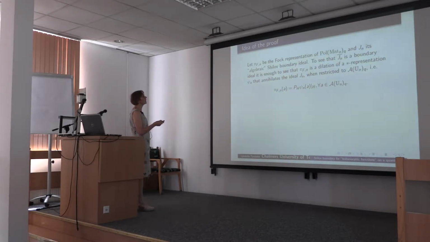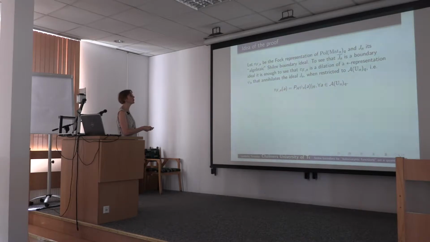So the idea is the following. I have the Fock representation, and G n is the algebraic Shilov boundary ideal. To see that this is a boundary ideal, it is enough to see that the Fock representation is a dilation of a star representation psi n of my algebra that annihilates this algebraic ideal when restricted to the holomorphic part.